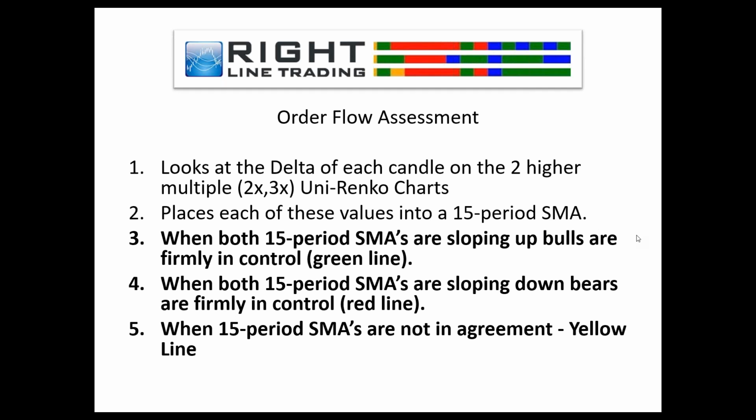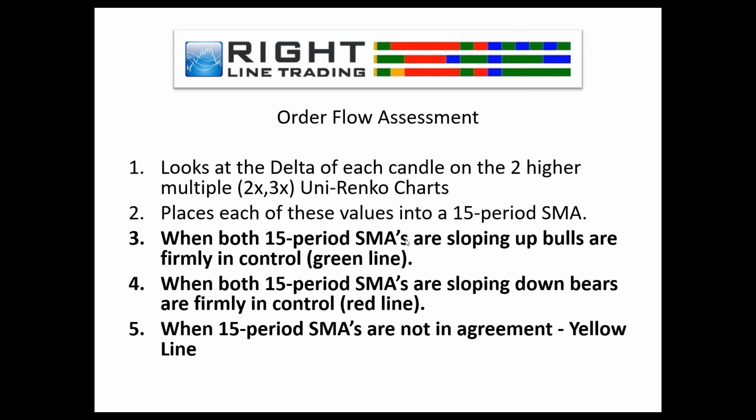So the number that you see is the average of the prior 15 deltas. So that rare delta where you get a big green number on a down candle or a big red number on an up candle is minimized by the fact that it's smoothed over 15 derivations.